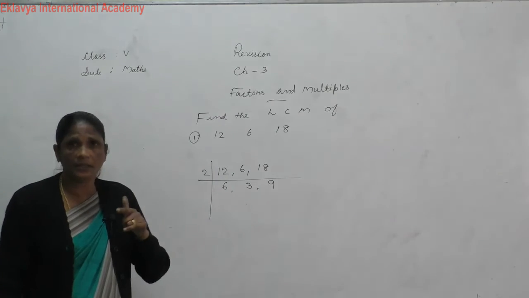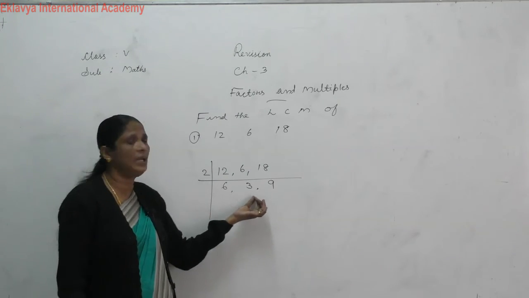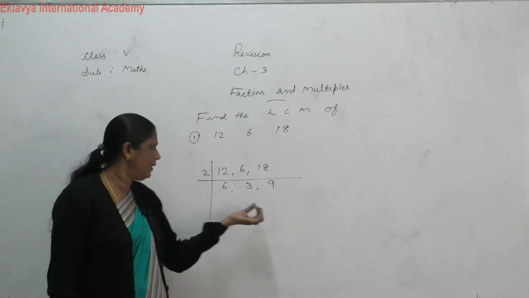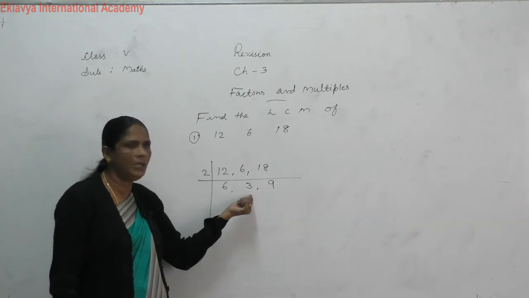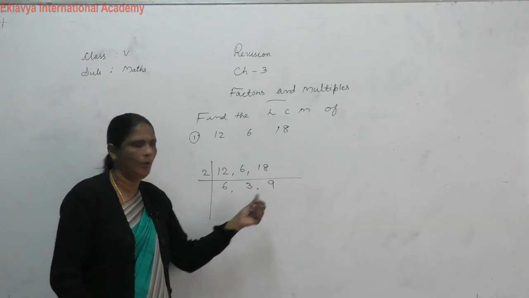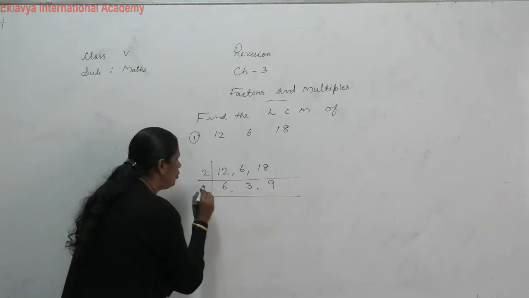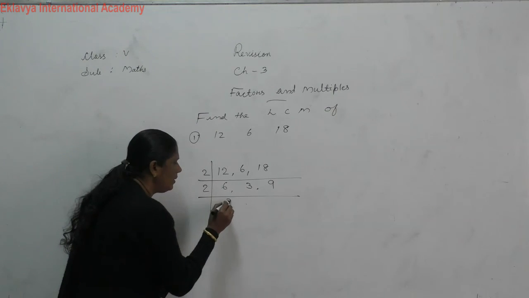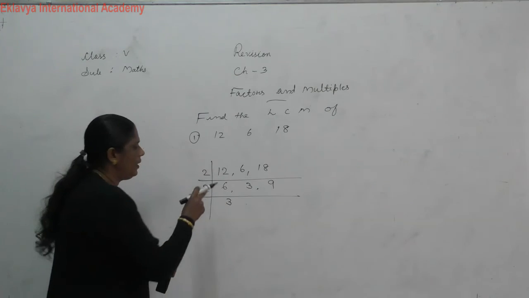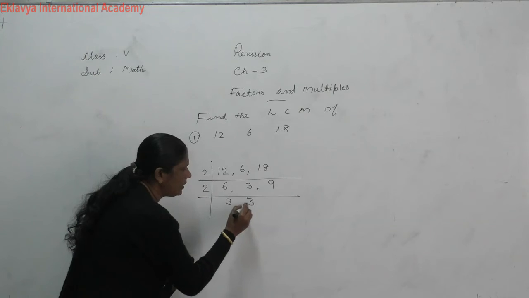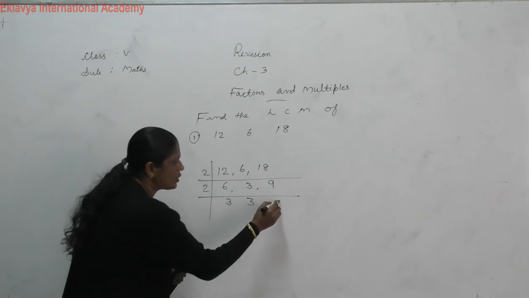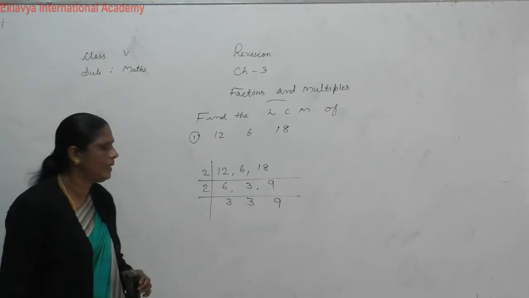Again you check, is this number divisible by 2? Yes, 6 is divisible by 2. Then 3, no. 9, no. You write 2 again. 3 times here. Is 3 divisible by 2? No. As it is, you write it downside. Here also 9.